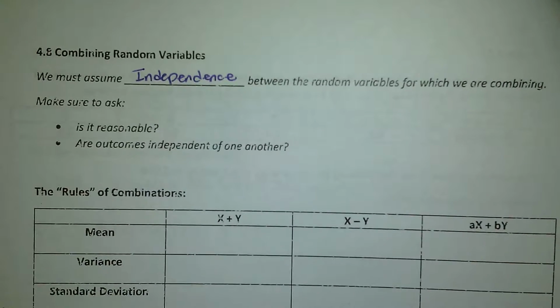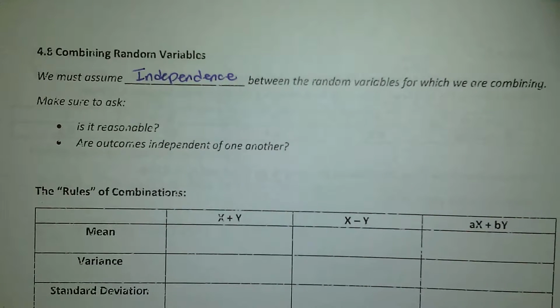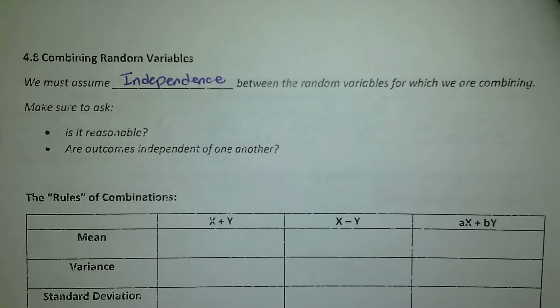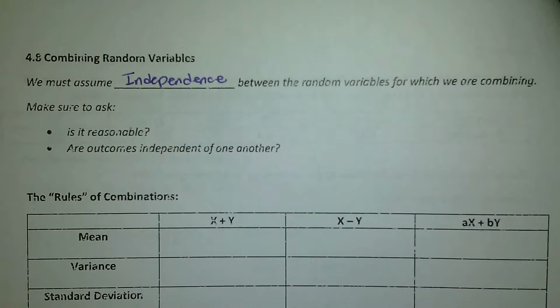We ideally want two completely separate data sets so that we've reduced bias, we have not infiltrated the integrity of those distributions, so we can combine them so that our results hold valid and true. If we're working with biased data or dependent data, then these rules will not be as helpful. So always make sure to ask, is this a reasonable assumption, and are the outcomes independent of one another?